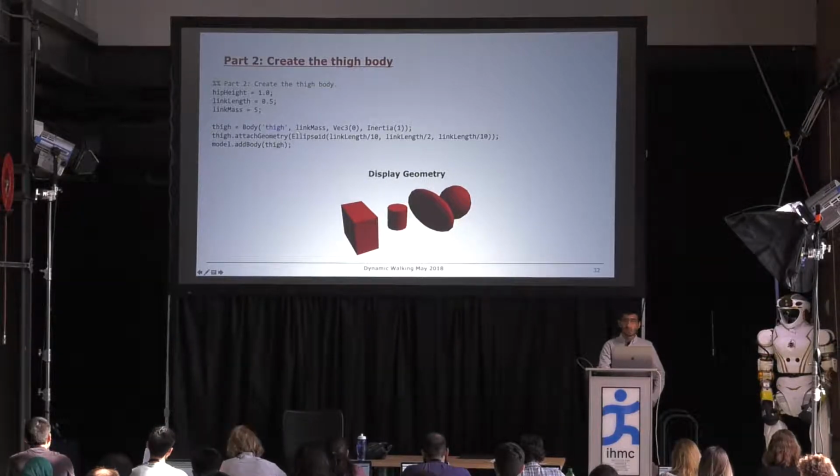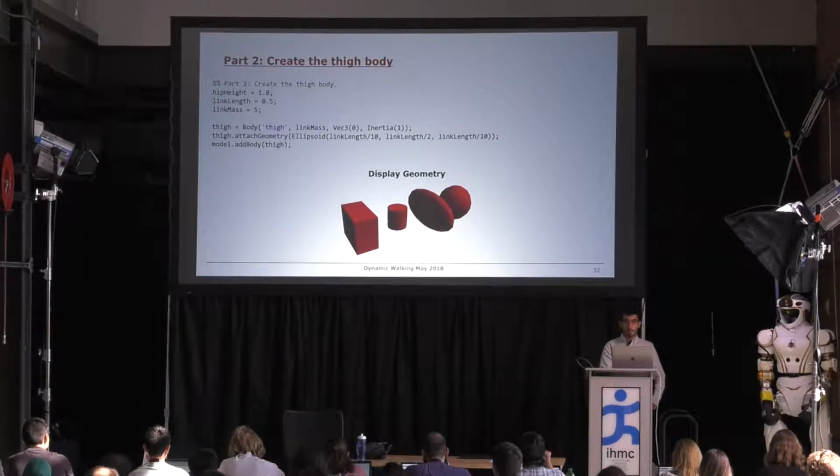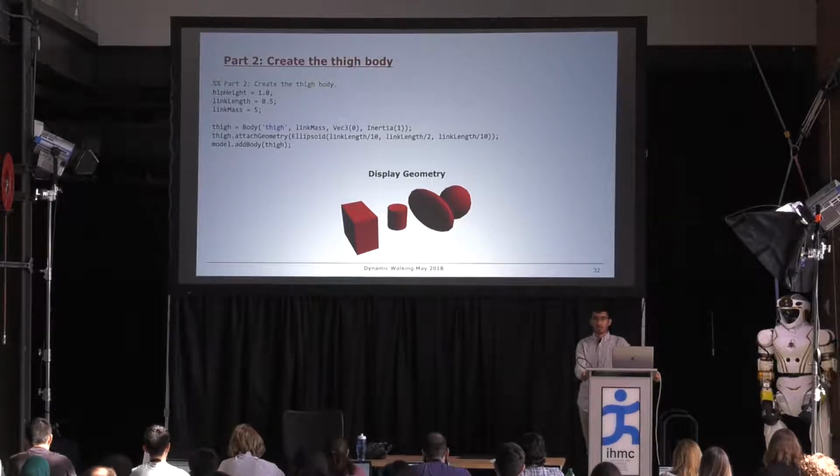So you construct that ellipsoid, and then you call a method on the thigh body called attach geometry, and you pass in that ellipsoid. And then once you've attached geometry to the thigh body, you can add that thigh body to the model using the command model add body thigh.